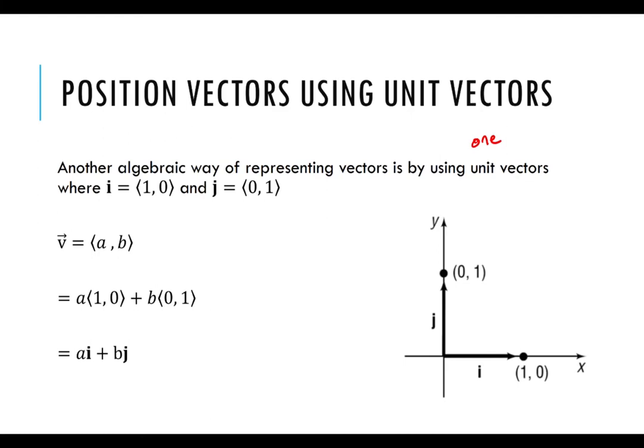You may also hear these i's and j's referred to as i hat and j hat, often because when we write these vectors, we can't boldface them, so they have a hat on them. So just so you know the terminology, the vector i, the vector j, i hat, and j hat are respectively the same thing.